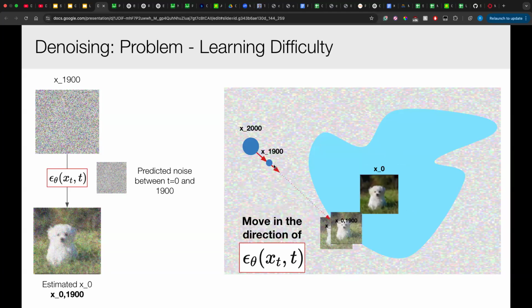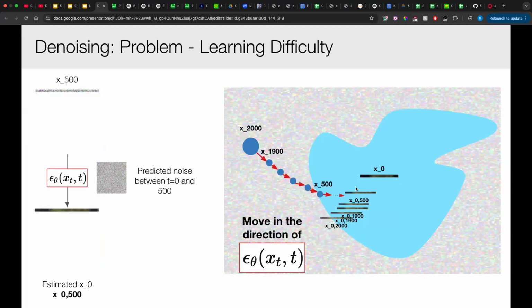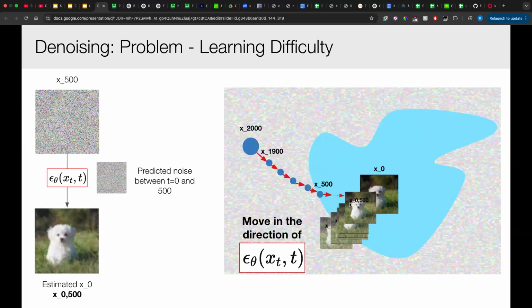Okay, so we take that step, and let's say we take 100 steps in that direction. We're now at 1900. Again, from our perspective, there isn't really much to know, but the hope is we can learn a slightly better approximation of x0. You can see that our approximation of x0 is now closer to image space. It's still pointing to that approximation, not directly to x0, but as we move on, we're getting closer until our approximation becomes what x0 actually was.